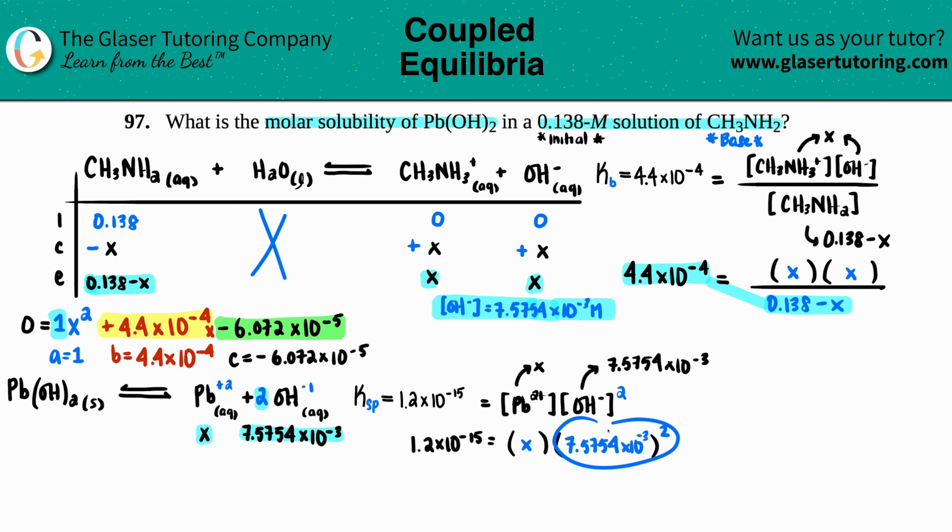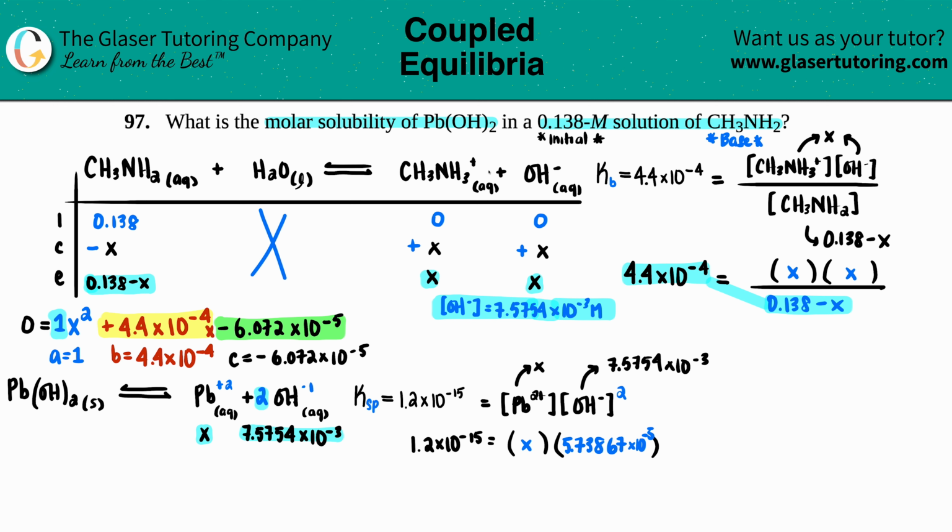So I'm just going to simplify that. What is that squared? I get a long decimal, so I'll cut it after a couple of them. This is now 5.73867 times 10 to the negative 5th.